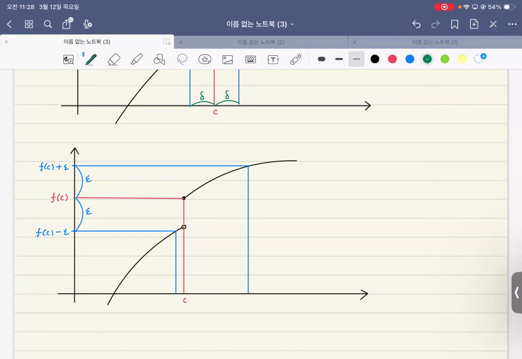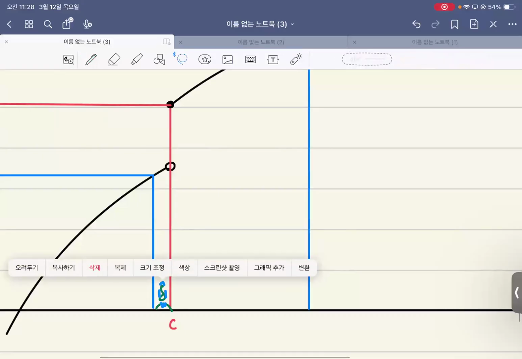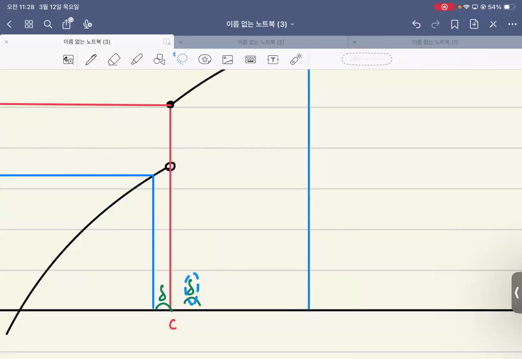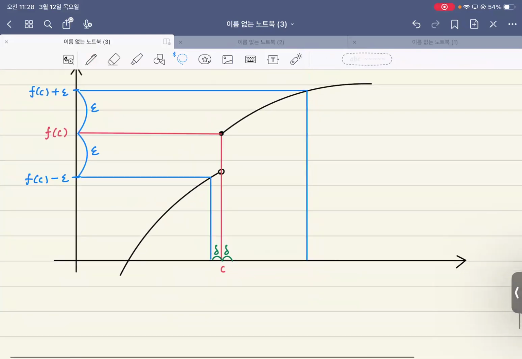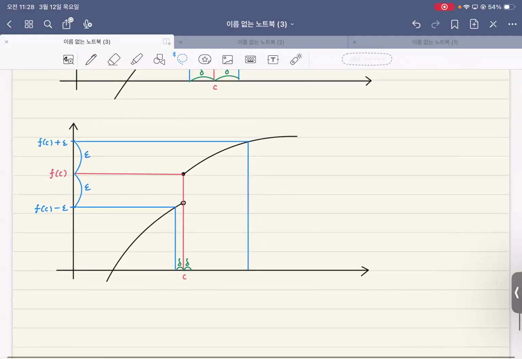So this is your delta. I know this delta is incredibly small, but the point is, I can find one delta, right? So for this epsilon, I was able to find the delta such that for every x value in this range, my function value is guaranteed to be between f of c minus epsilon and f of c plus epsilon.